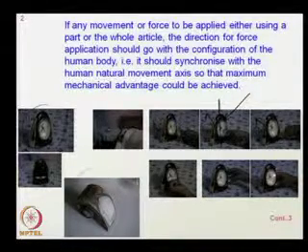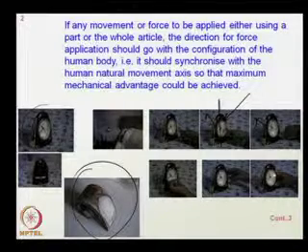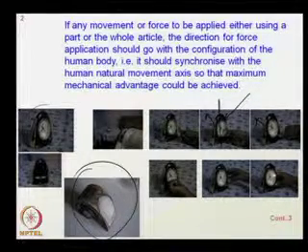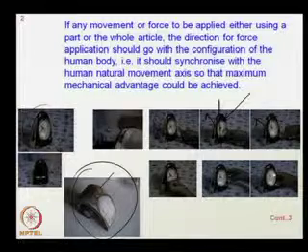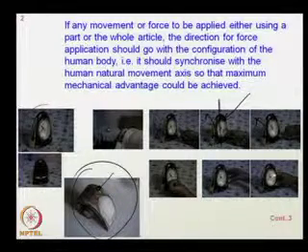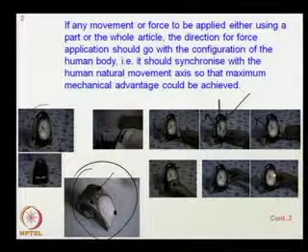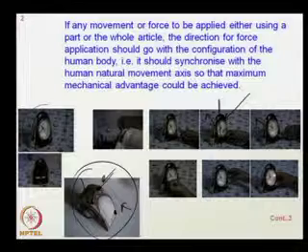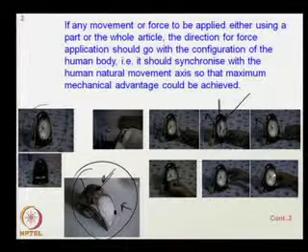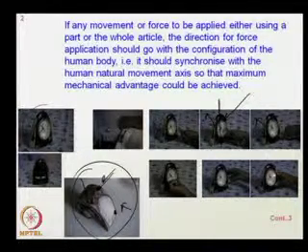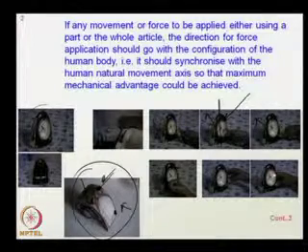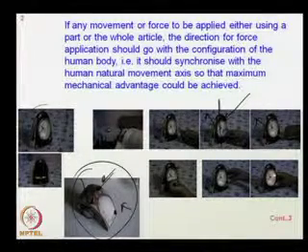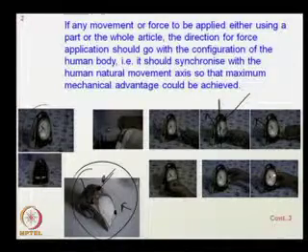So a development was made in such a way that if the product is of this form, then wherever we keep the switches, here, here or anywhere, the force may come from any spot and the product will remain at that position. The basis of this product development is that the direction of force and the product should maintain a single spot.